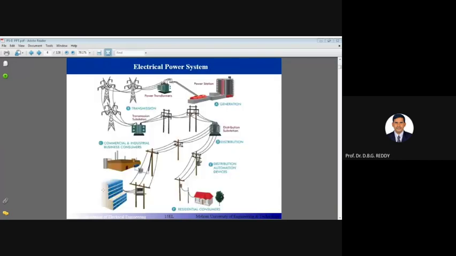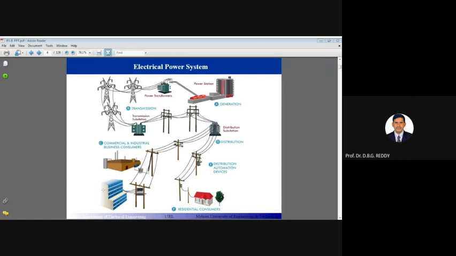Now you can see this slide, which shows all the functions of a power system. After generating the power, whether in a thermal, nuclear, hydel, solar or wind power station, the power is given to the power transformer.